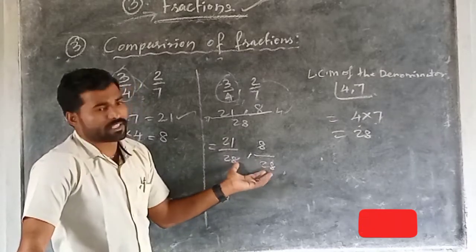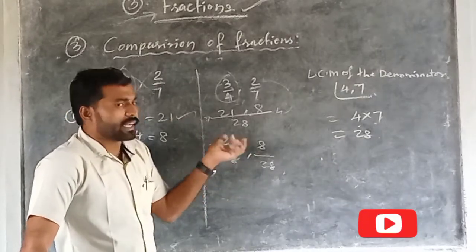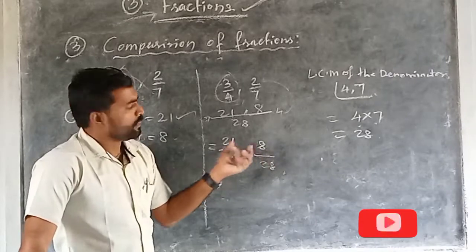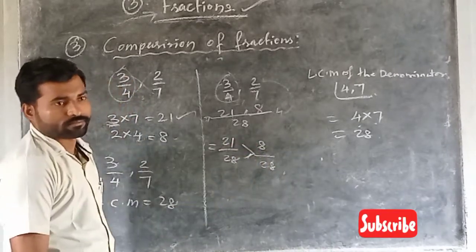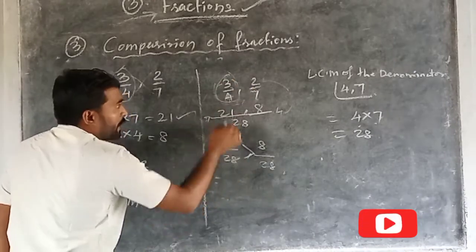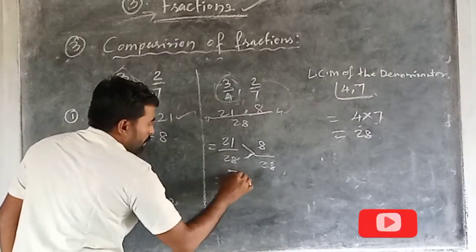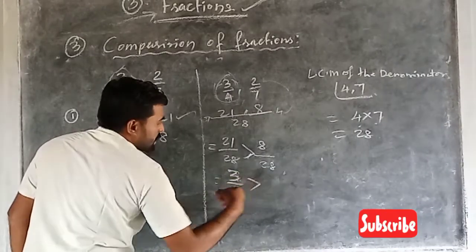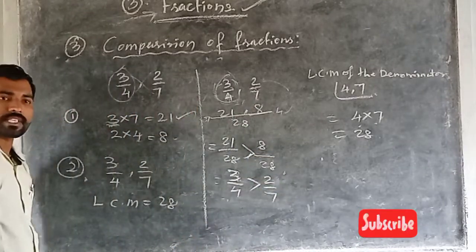So when the denominators are equal, you can say directly. Is 21 greater or 8 greater? 21 is greater. 21 by 28 is the first fraction, that means 3 by 4 is greater than 2 by 7. Yes or no? Yes, sir.